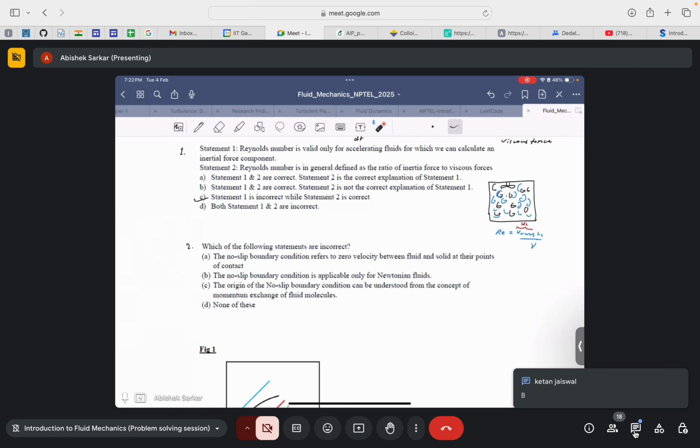If I say the flow is slipping with respect to this wall, it will basically mean that this wall and the fluid molecule have different velocities along their respective direction of motion. Okay, so if Vf is not equal to Vp, then only I can say that there is slipping.